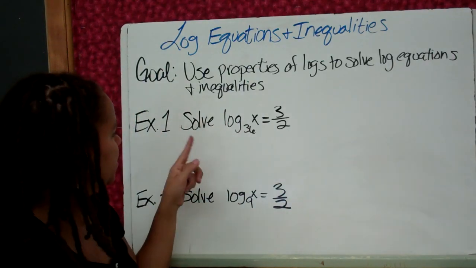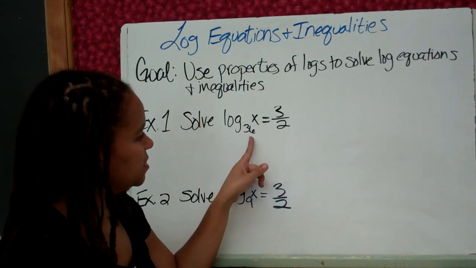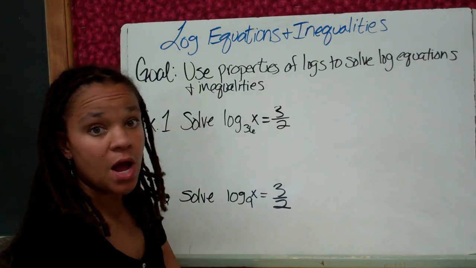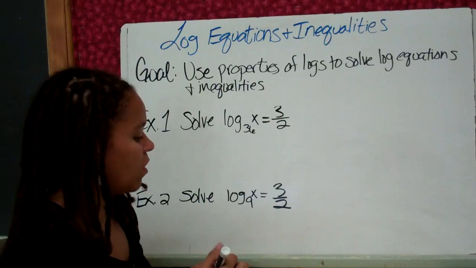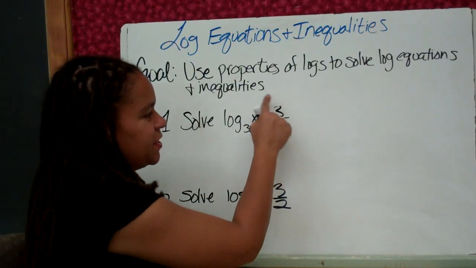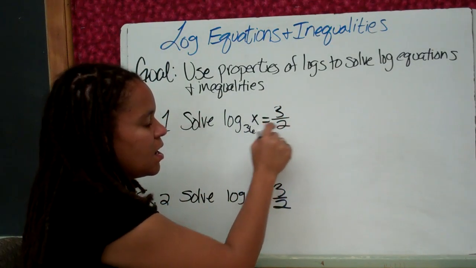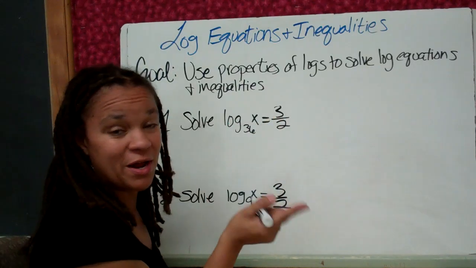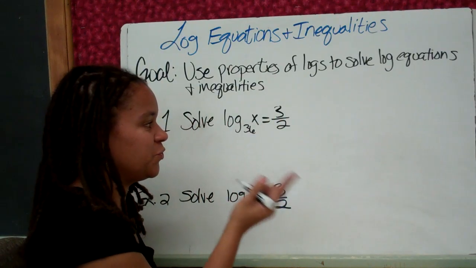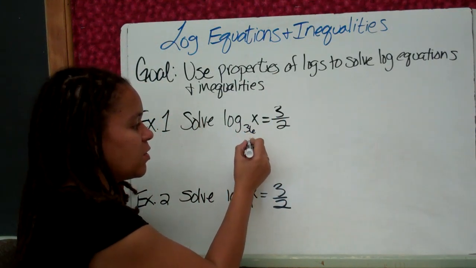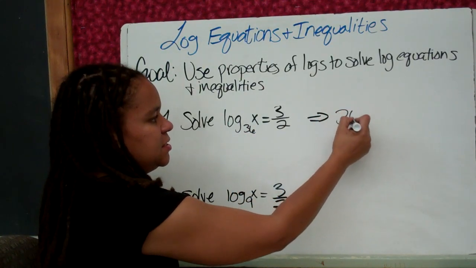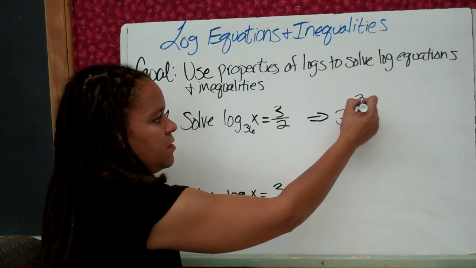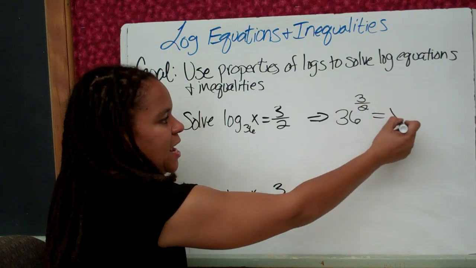First, we are going to solve log base 36 of x equals 3/2, and we already know how to do this just by using the definition of logs. The only thing different is I have an exponent that'll be rational, so we have to remember rational exponents. This gets rewritten as 36 to the power of 3/2 equals x.